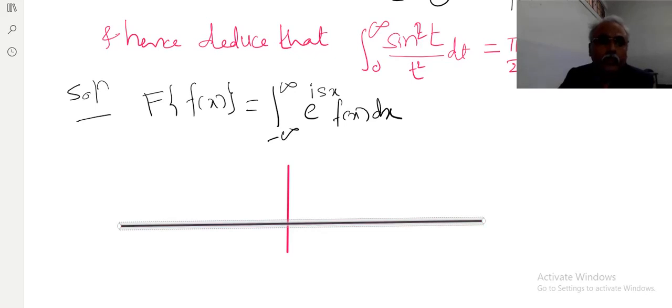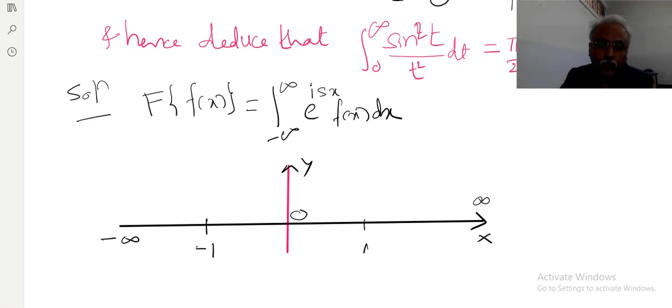So how does this function behave? From minus infinity, this is our x-axis, you can draw properly. This is our y-axis. From minus infinity to minus 1, to plus 1, and 1 to infinity.